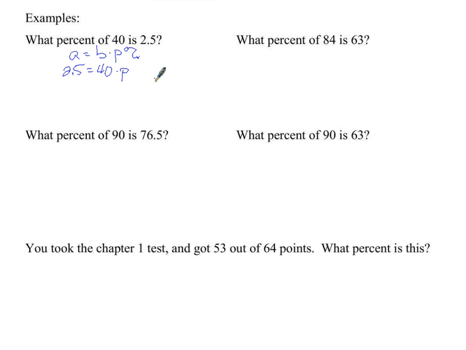Divide both sides by 40. And 2.5 divided by 40, but I want that as a percent, so we get 6.25%.